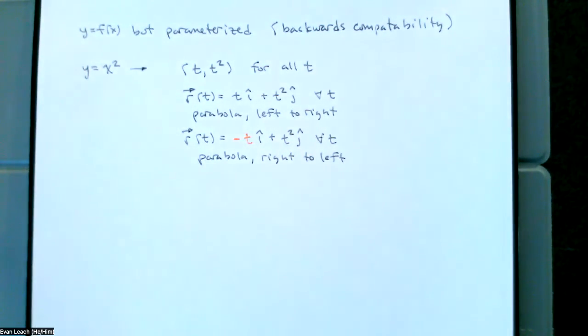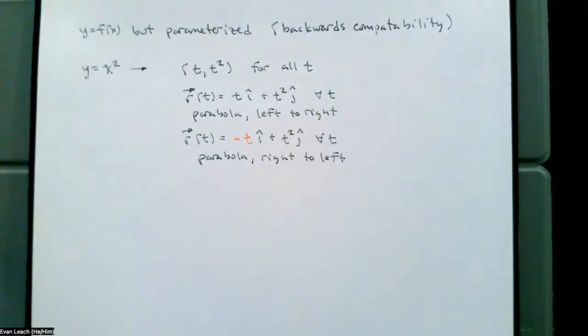We also know some other stuff. If I change the roles, if instead of y equals x squared, I write x equals y squared, we know that's a parabola that's going to face open right or left. It's going to be our sideways parabola, rotated through 90 degrees.